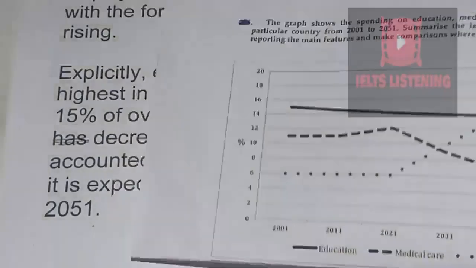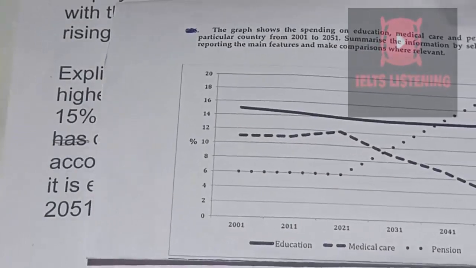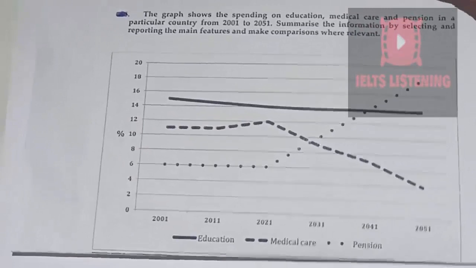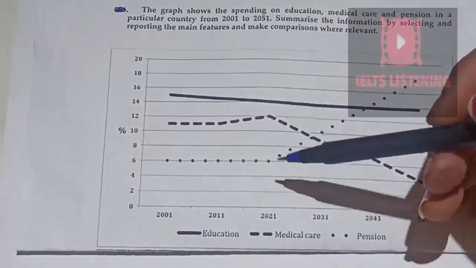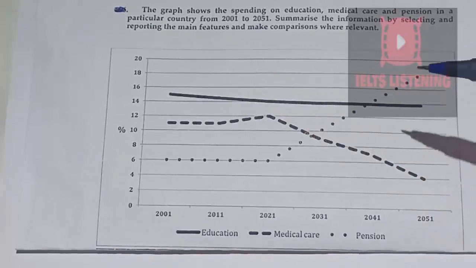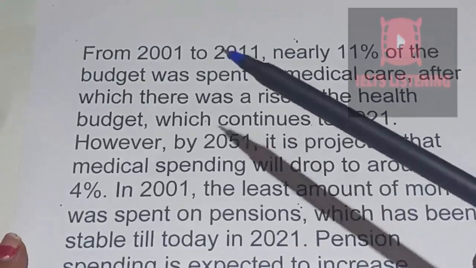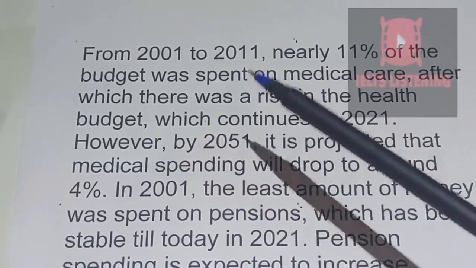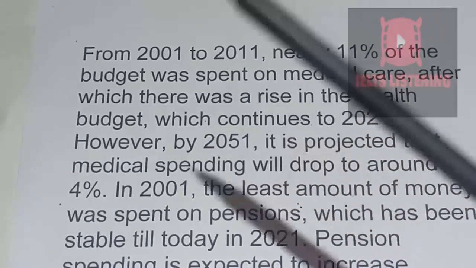We can see that it starts from a bit of 15%, and at present it is 14%, and it will remain steady till 2051.